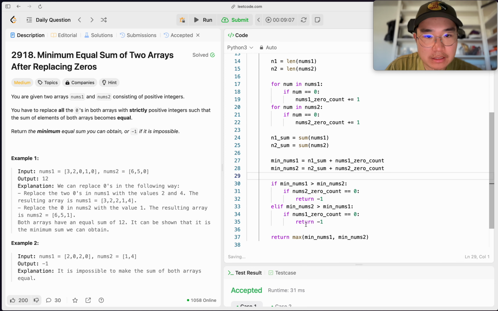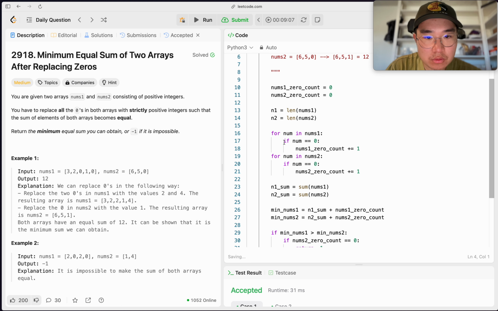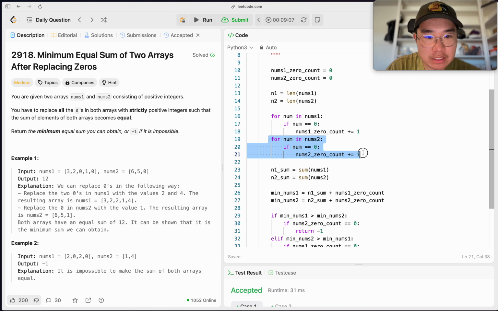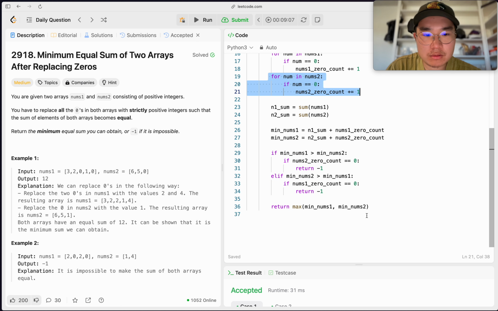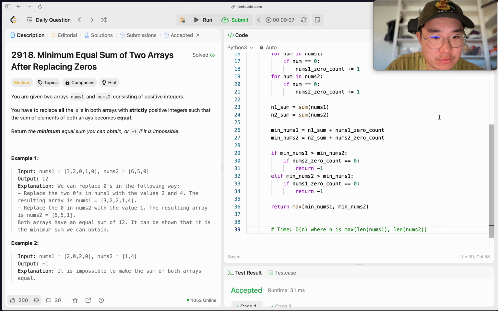Let's analyze the runtime. This runs in O of n, where n is the max of the length of nums1 and the length of nums2, whichever is greater.